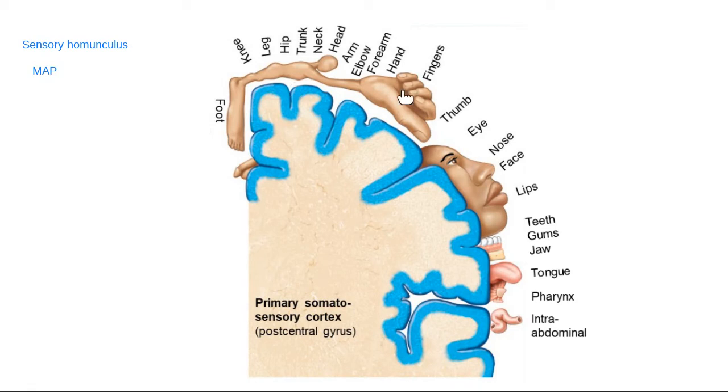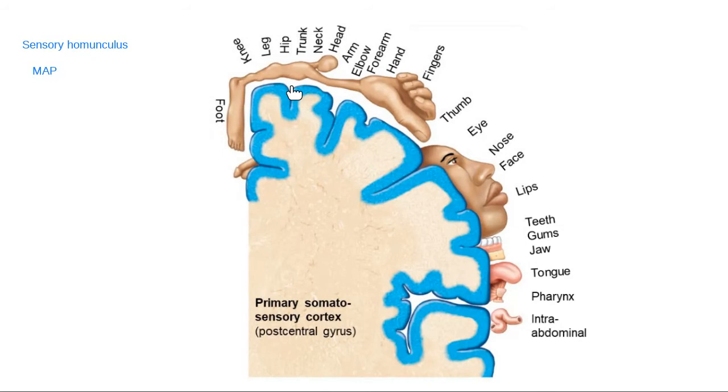Somewhere that's really big, like the face, lots of sensory information comes back from the body to go to the brain. Somewhere like the trunk of the body, your entire torso, not a lot of sensory information comes back from those places. The bigger a body part on the map, the more sensory information comes back from that body part.